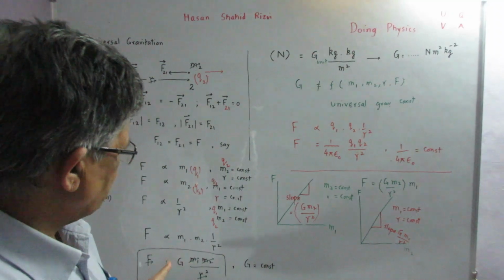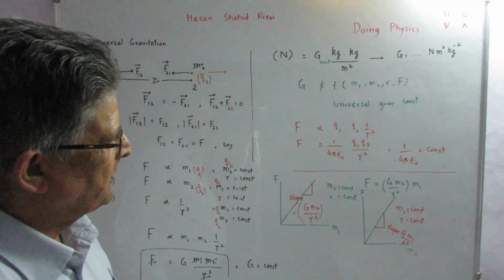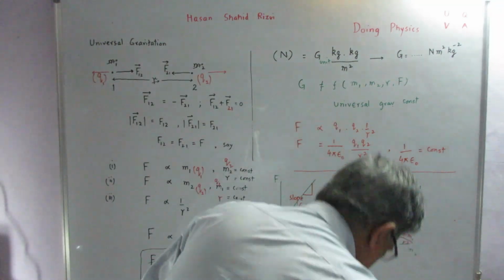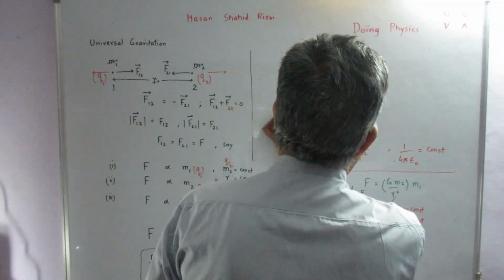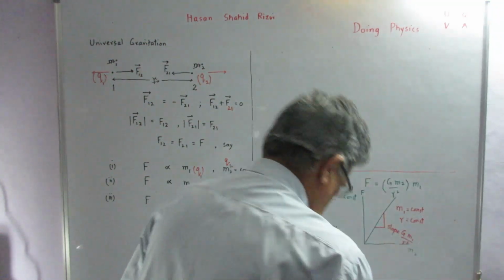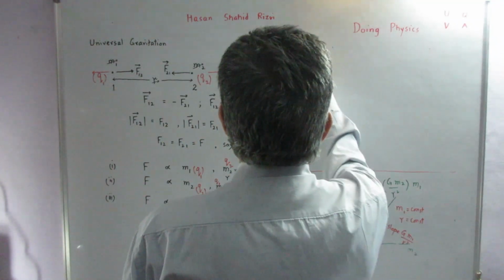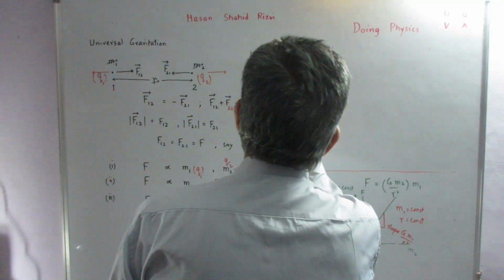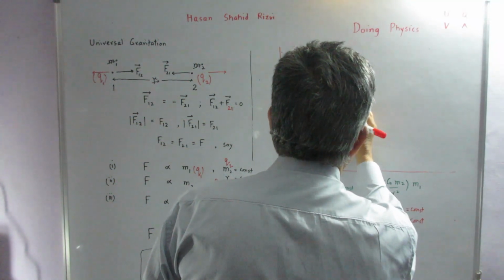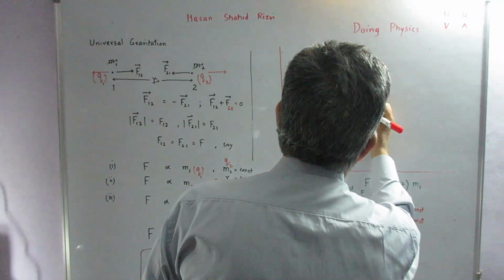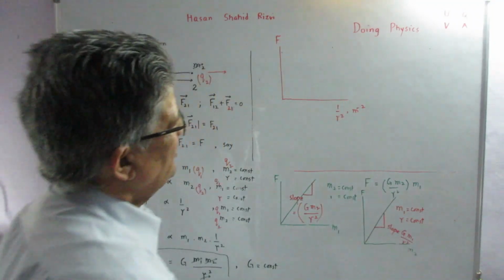In the third instance, when I have F on this side and 1 upon R square in meter minus 2 on the other, and this is F. So what do you expect here?